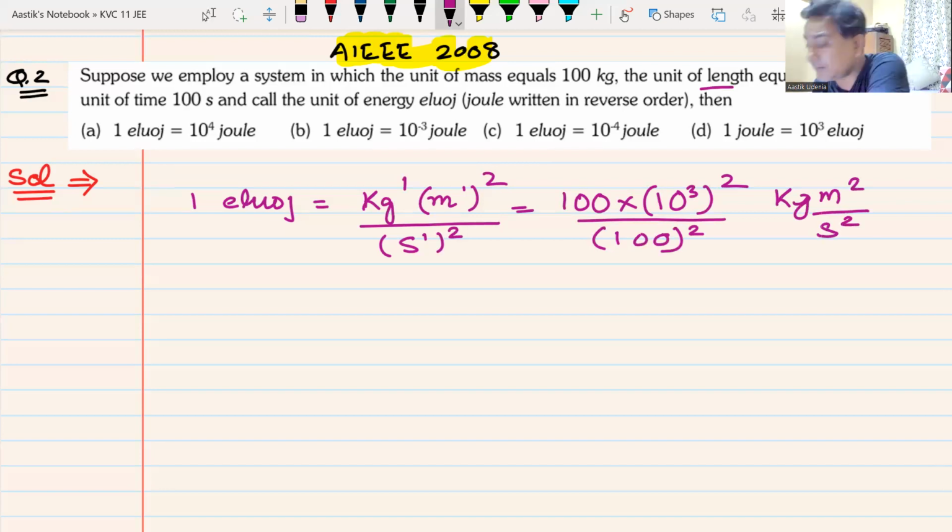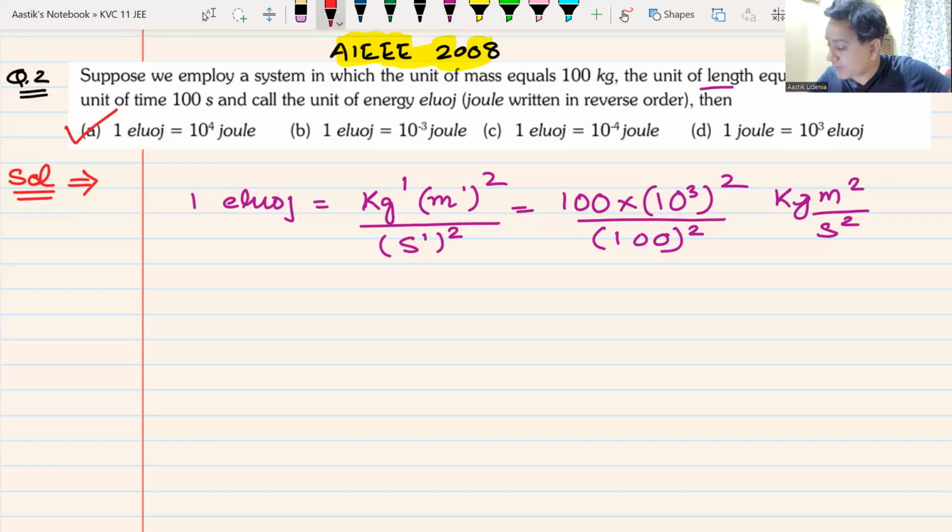Now I think you can solve this and tell me what is the correct answer out of the 4 options. Which one? A, B, C, D. A is the correct option.